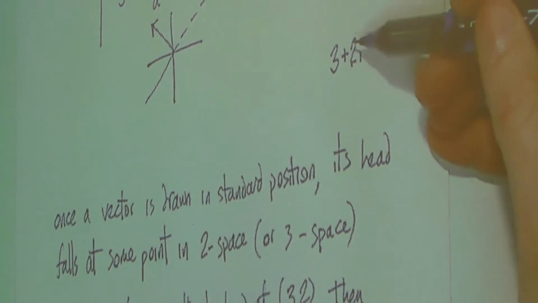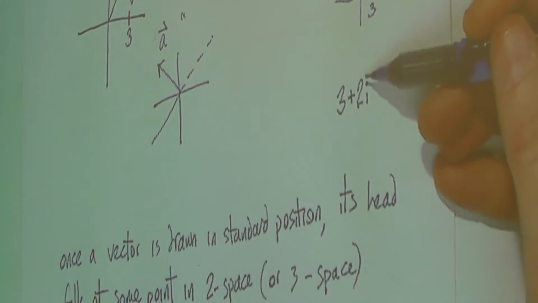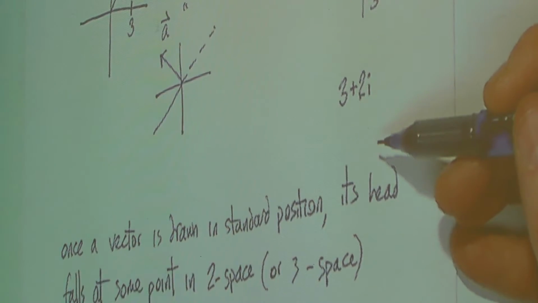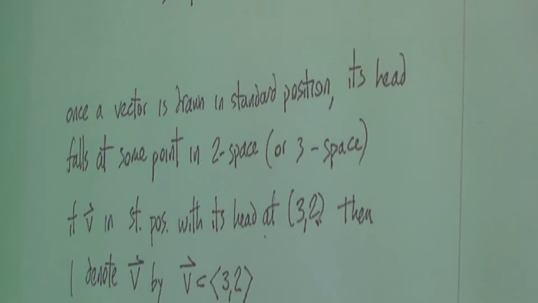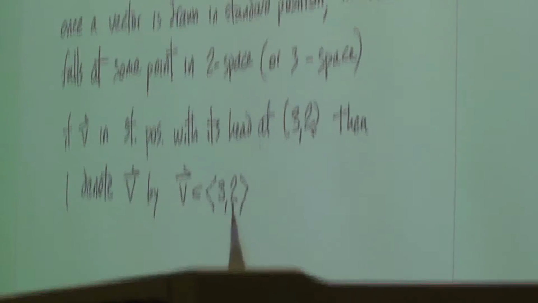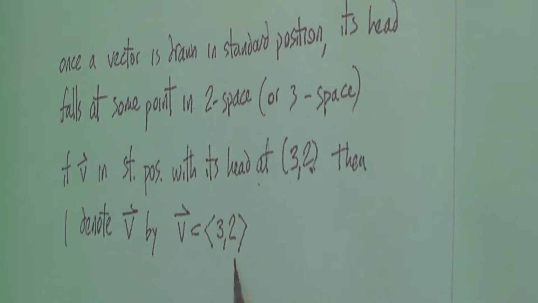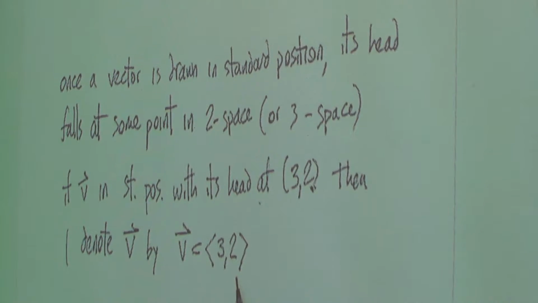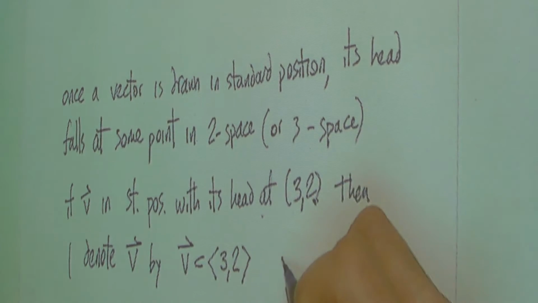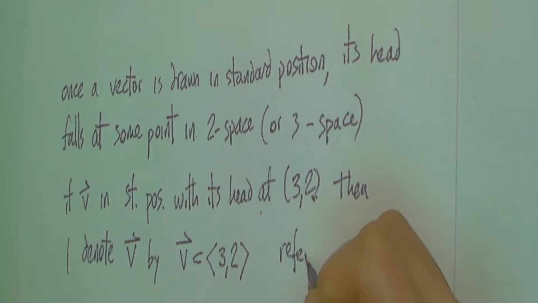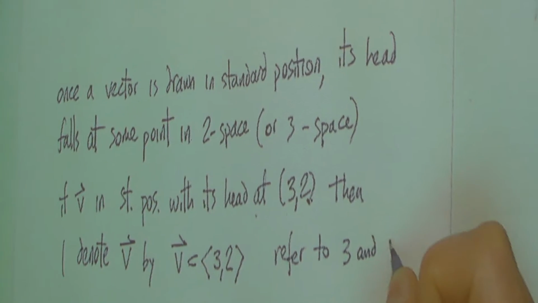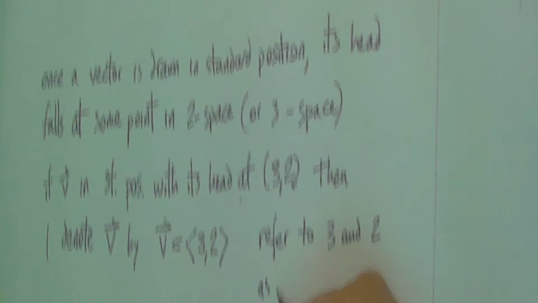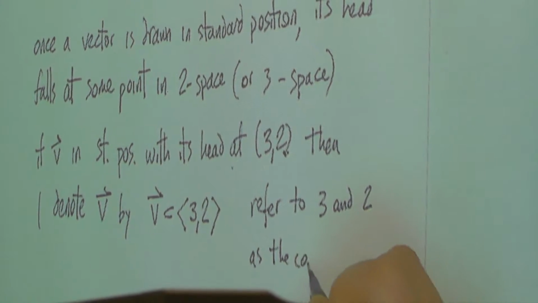Now, we don't need this, I'm just kind of pointing this out. Okay? 3 dimensions goes the same way, except that you will have 3 slots in here. I refer to 3 and 2 as the components of V.